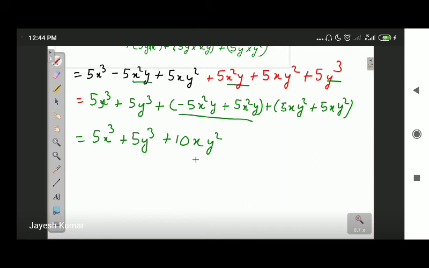Now we have to find the value of this polynomial at x equals 2 and y equals 1. In place of x we will write down 2, and in place of y we will write down 1.